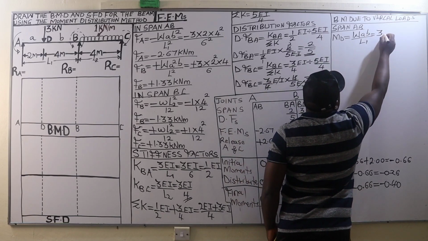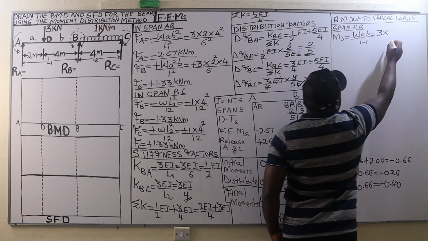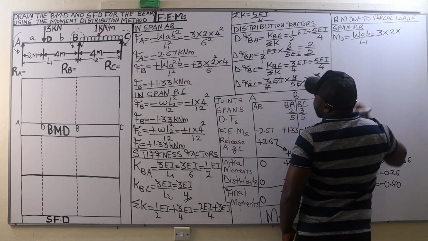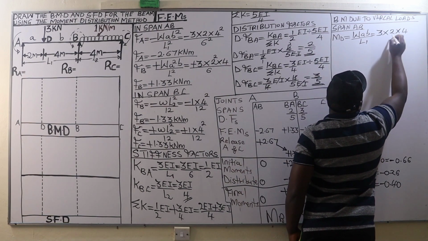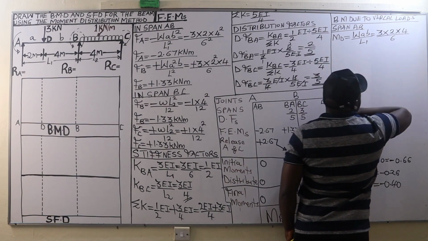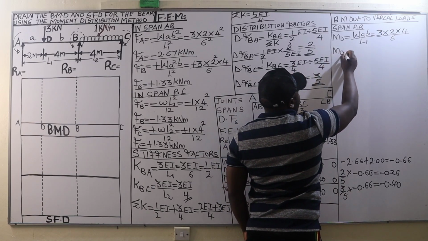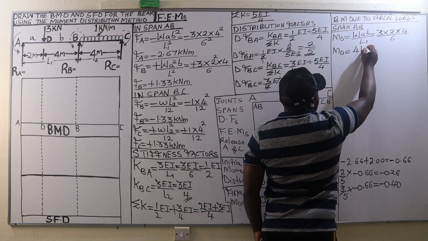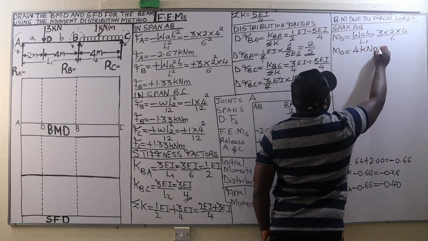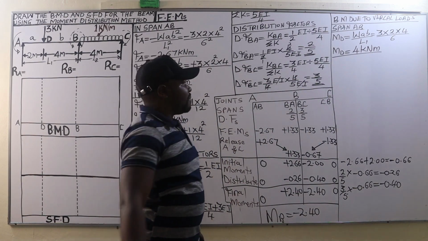W is 3 kilonewtons, A, from A to D, is 2 meters, B, from D to B, is 4 meters, divided by L1, which is 6 meters. That gives us a bending moment of 4 kilonewton meters at D.